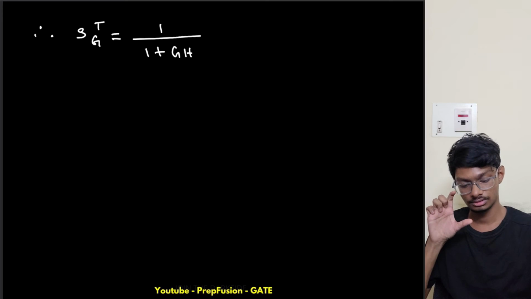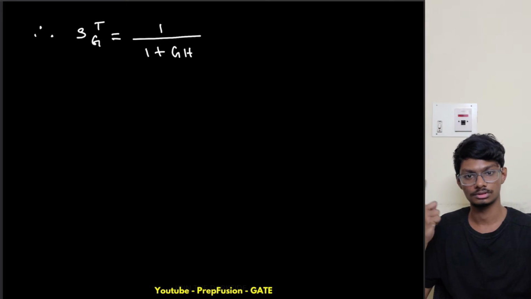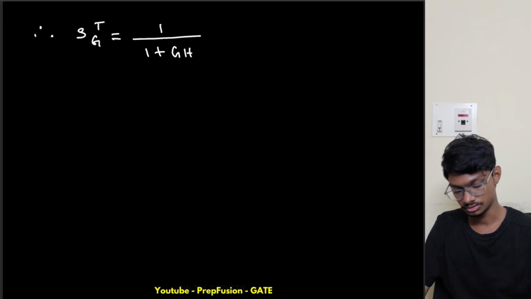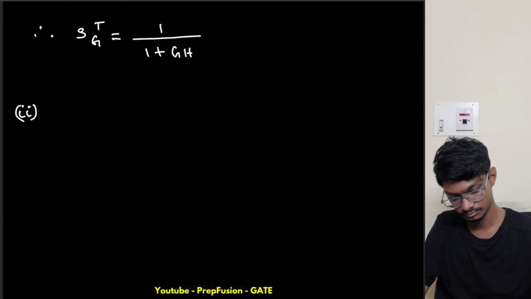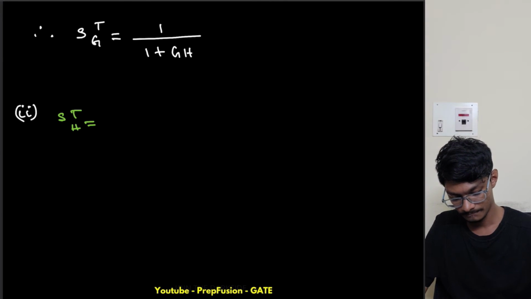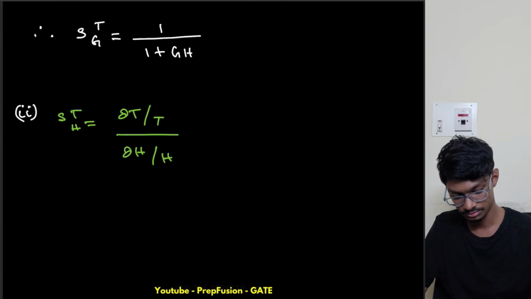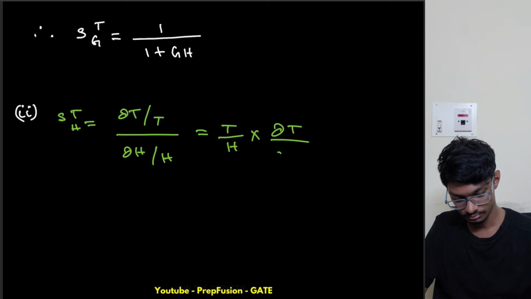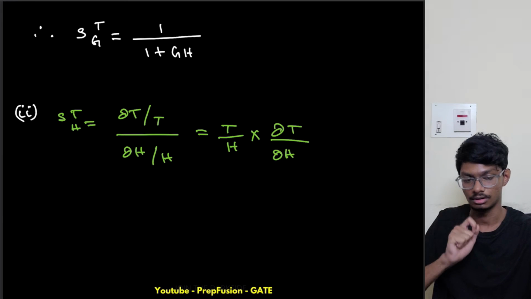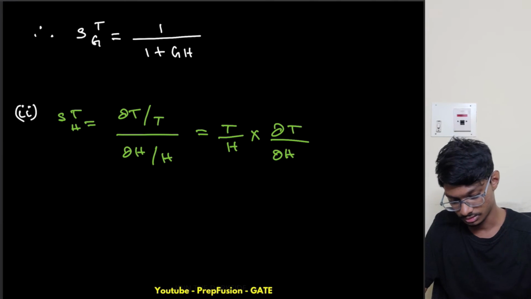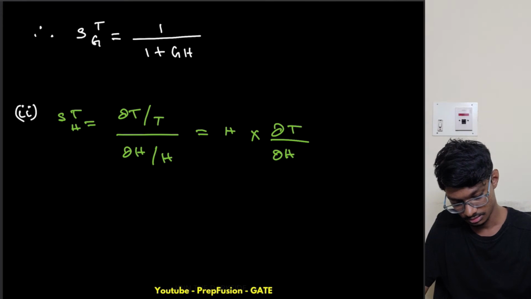Now let us find the sensitivity with respect to the feedback path gain. Let's do the second question. S of t with respect to h is delta t upon delta h, and it is h upon t.